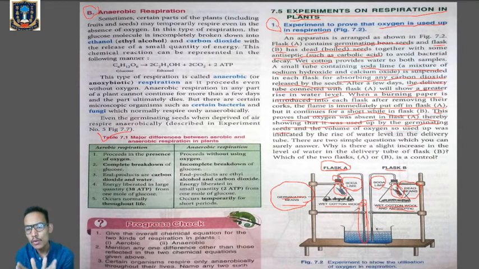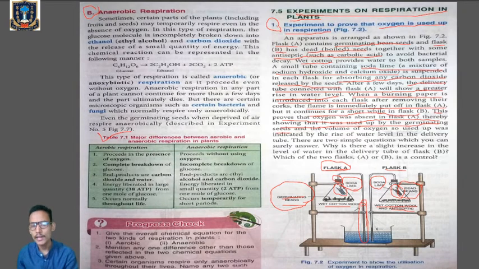So in the presence of oxygen in flask B, the burning flame will burn for a short period of time. Clear? But in flask A, since we have used germinating seeds, and since the seeds will germinate, they will use the oxygen for germination. And since oxygen is used up in flask A, in the absence of oxygen, the burning paper will not burn even for a short period of time.